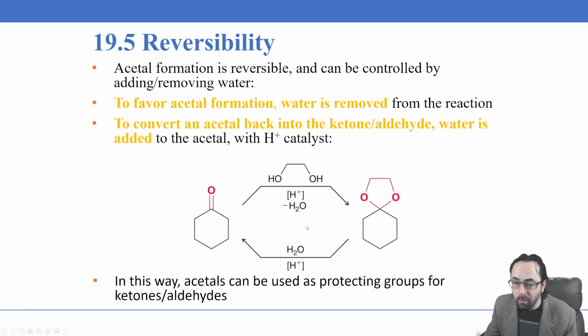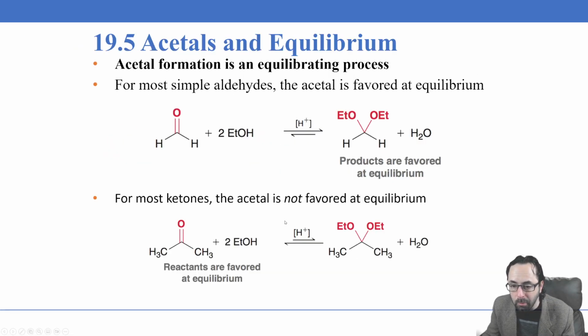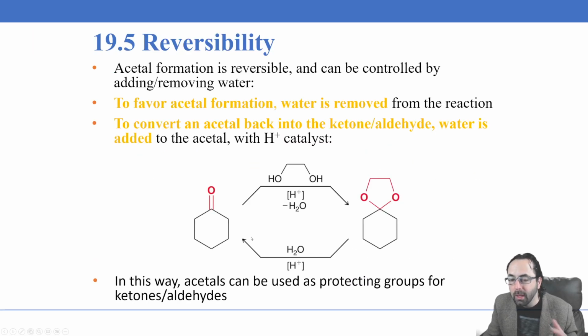Now, we may want to control the conversion of this. As we said, going back, there is an equilibrium here. We have slight favors to products in the case of an aldehyde reaction, or reactants in the case of a ketone reaction. But we can control this equilibrium based on our concentrations of reactants and also temperature.